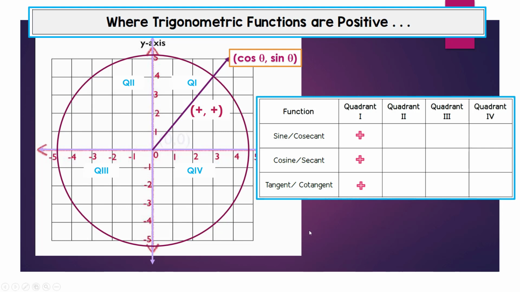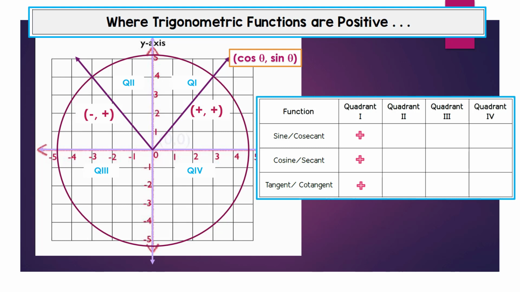In quadrant 2, I hope you're thinking ahead of me, what kind of x values, what kind of y values? The x values are going to be negative, and my y values are positive.